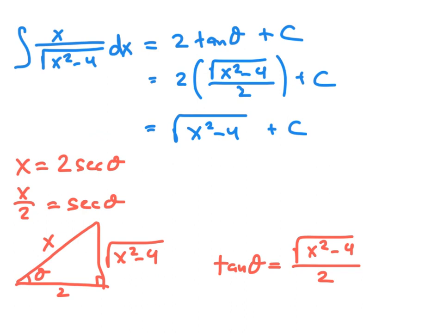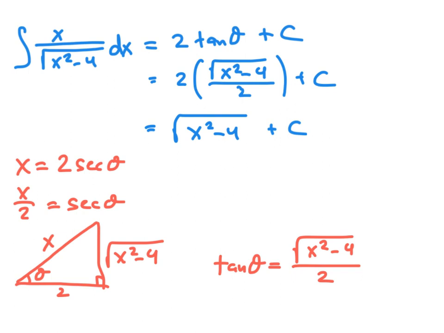So going back to our substitution of x equals 2 secant theta, we know that x over 2 will be equal to secant theta. And using a reference triangle, we can find the hypotenuse to be x and the adjacent side to be 2. And the third side, the opposite side, will be the square root of x squared minus 4 by the Pythagorean theorem.